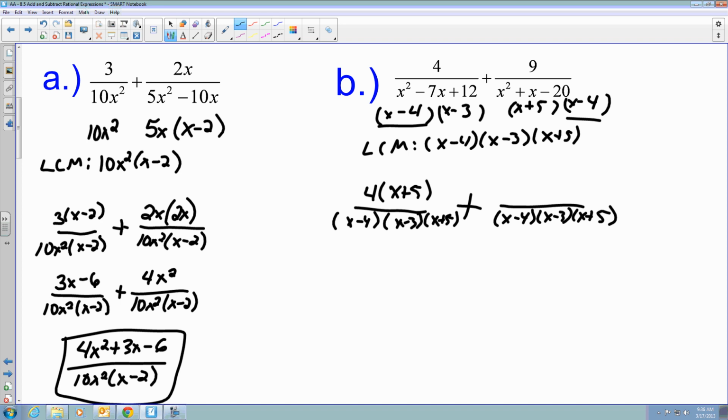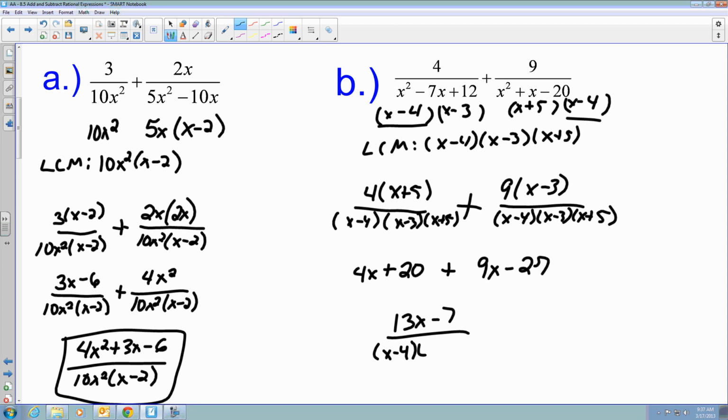I multiplied by an x minus 3 in the denominator, so I'm going to do the exact same thing to my numerator. So right now I'm going to distribute. So I got 4x plus 20, plus 9x minus 27. And I'll combine like terms, which will give me 13x minus 7, all divided by x minus 4 times the quantity x minus 3 times the quantity x plus 5.